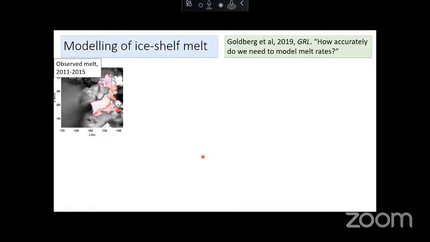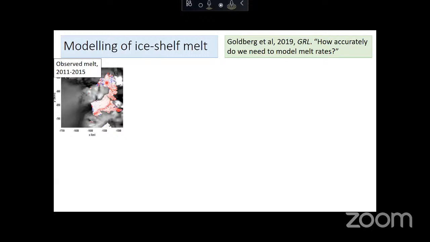So I think before this study was done in 2019, not too much modeling of the ocean circulation under these ice shelves, Dotson and Crosson ice shelf, had actually been done. I guess because they're kind of small, they take a second stage to Thwaites and Pine Island, and there wasn't much attention being paid to them.